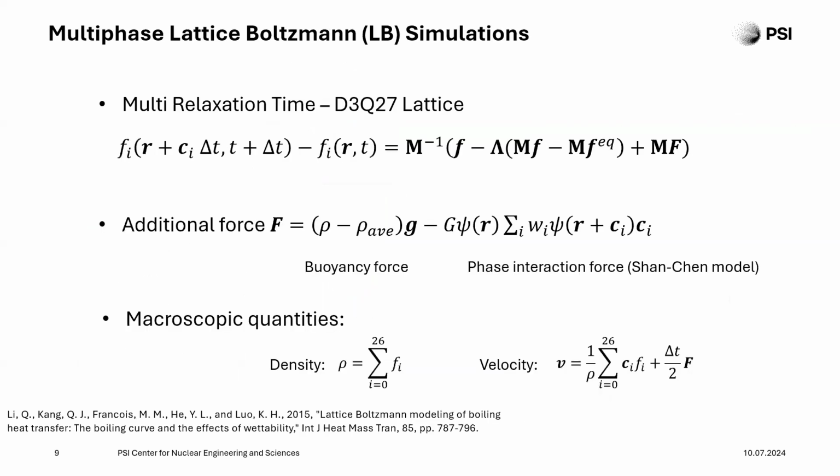We're doing this with the multi-phase MRT scheme devised by Lee and Kang in a D3Q27 lattice, with additional buoyancy force and a phase interaction force, an extension of which we're also using to model the interaction with the boundaries.